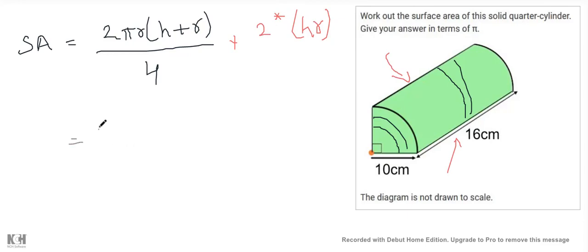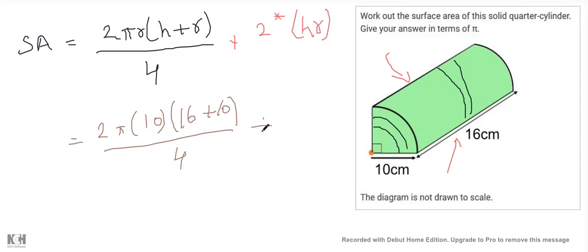Substituting the values, we'll get 2 pi, the value of r is 10, the value of h is 16, the value of r again 10, over 4, plus 2 times the value of h is 16 and the value of r is 10.